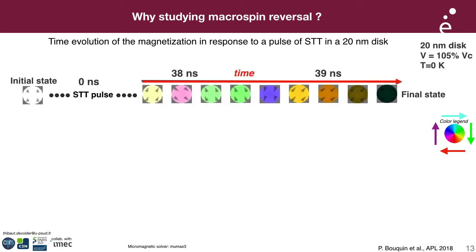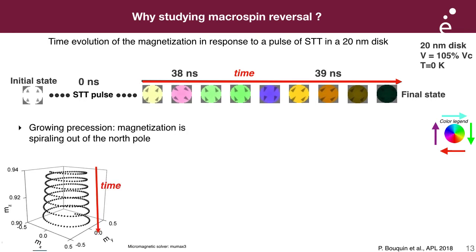And what happens is that after some time, the magnetization starts to precess and finally switches. If you zoom in on what happens during this time scale, this is the Z component of the magnetization and the in-plane component. You see that the magnetization makes a growing precession, spiraling out of the North Pole until it passes the equator and finally converges to the South Pole.